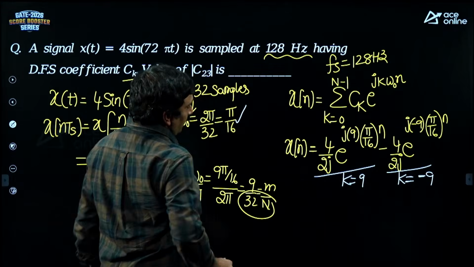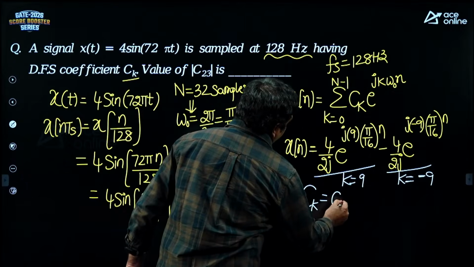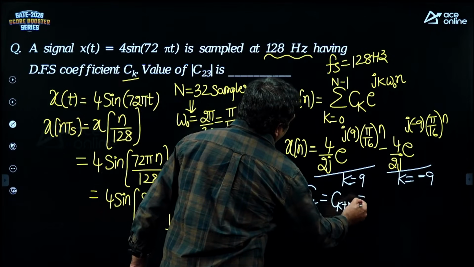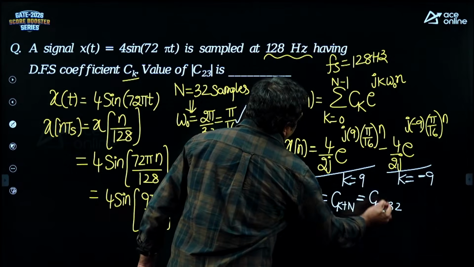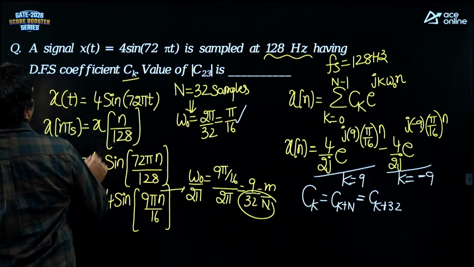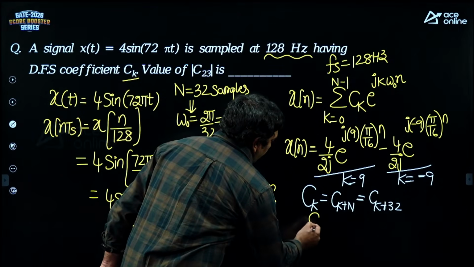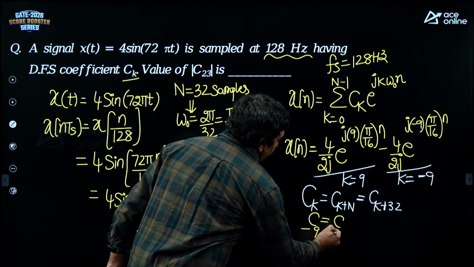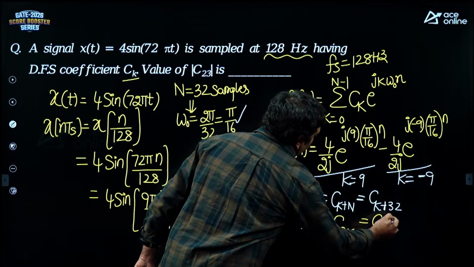He is expecting C23. We are aware the discrete Fourier series satisfies the property ck equals ck plus N. In this example, what is the N value? 32. That means I can write C suffix minus 9 as C suffix minus 9 plus 32, that is C23.